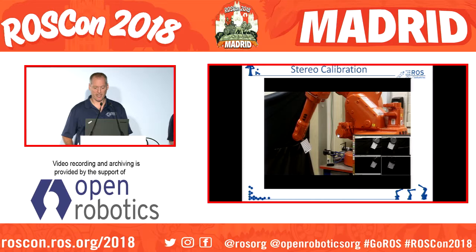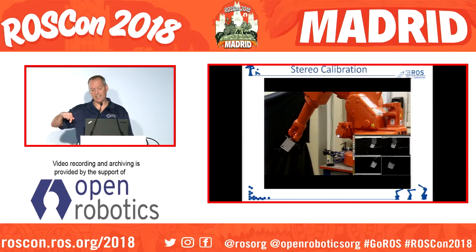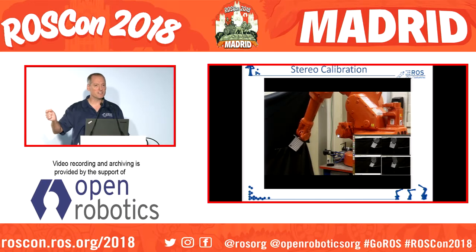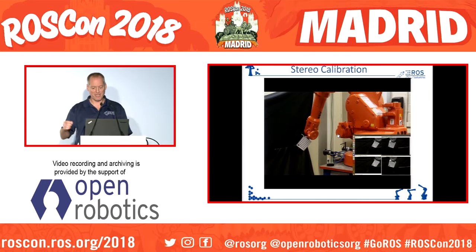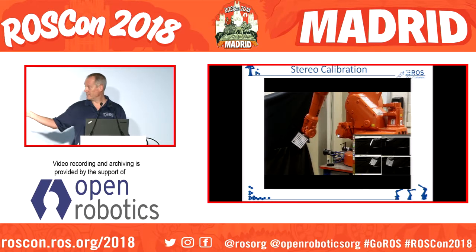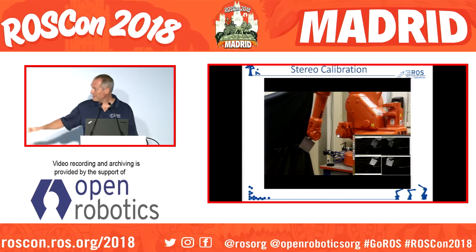I'm going to demonstrate a quick stereo calibration here. What I'm computing is I've basically hit the run button. I've saved a bunch of poses, and then I hit the run, and it's basically just taking a whole bunch of pictures, and you can see all the pictures in the side there.